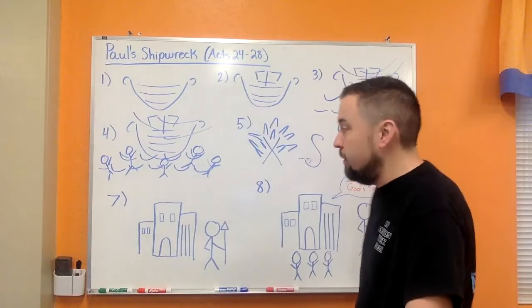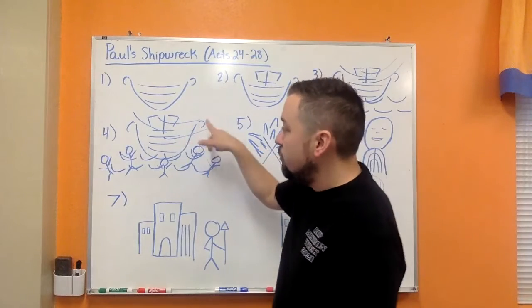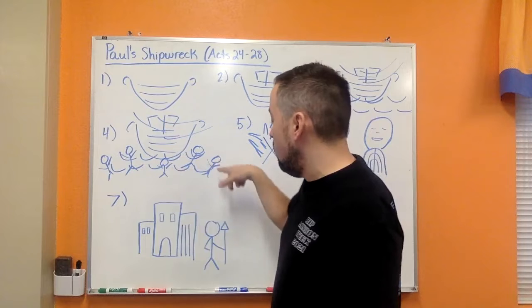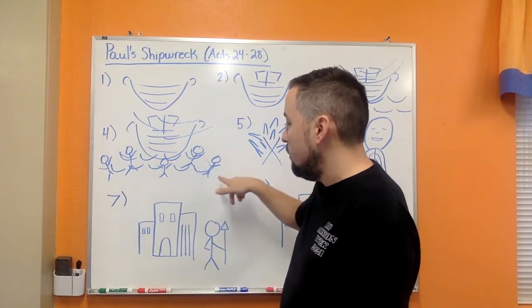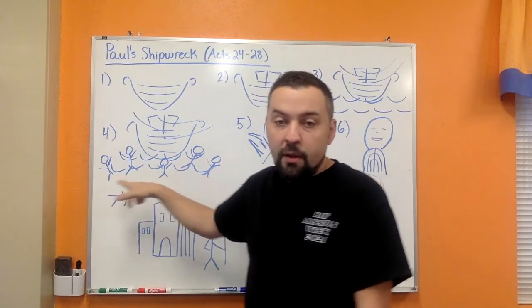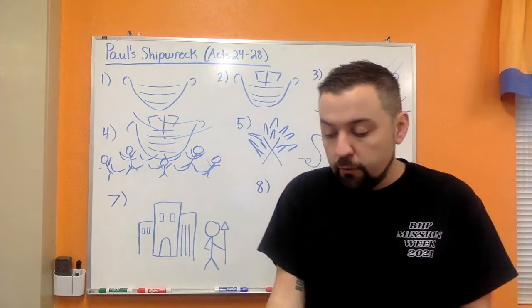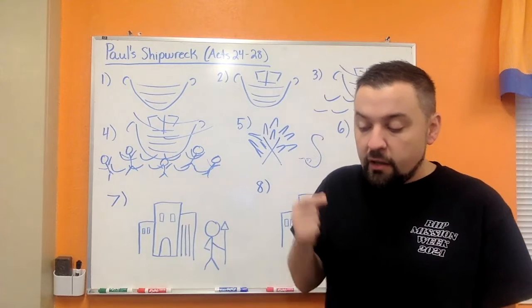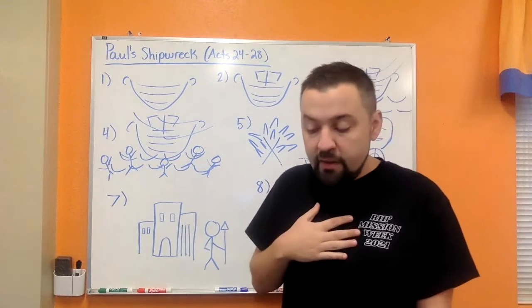And then the last picture. Again, it's the same picture, same line, same water, except this time you're adding people into the water. And here's why. Paul had good news. Don't be afraid. God has promised that we will be saved.